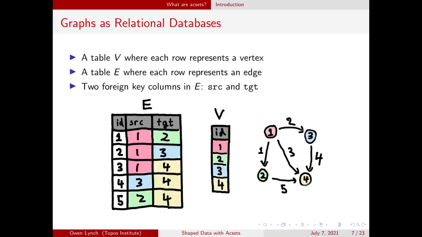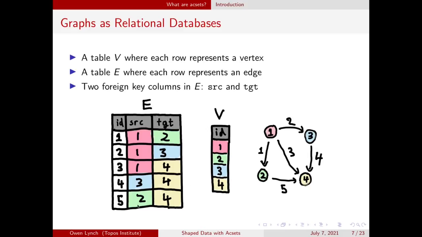In order to get into the ideas behind Acsets, I'm going to rethink what a graph is and show you a different way of representing graphs than you might have seen before. That will get you into the Acset spirit. So to represent a graph by a relational database, what you do is you have two tables.